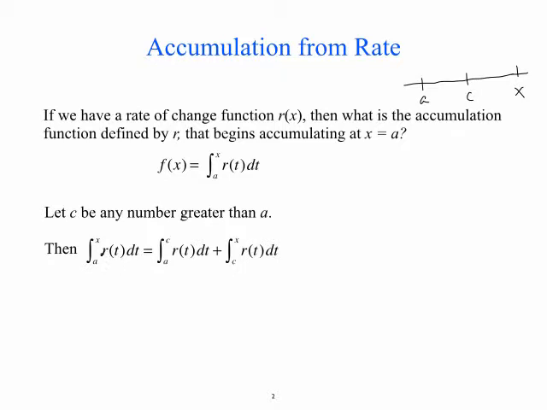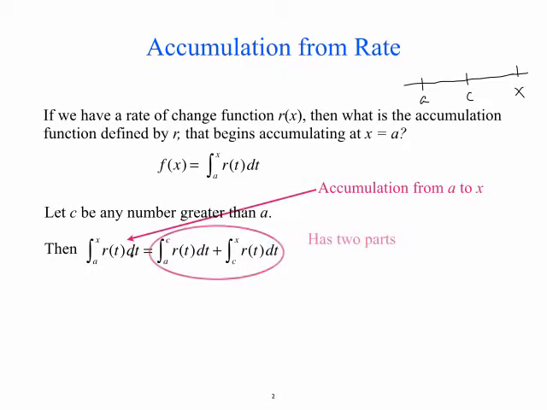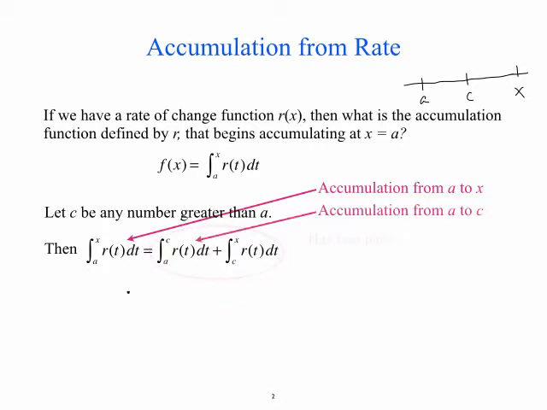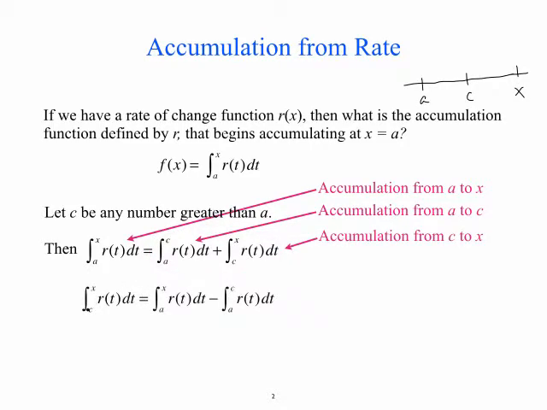You jumped straight ahead. So what you just said is here: the accumulation from C to X is the accumulation from A to X minus the accumulation from A to C, okay?